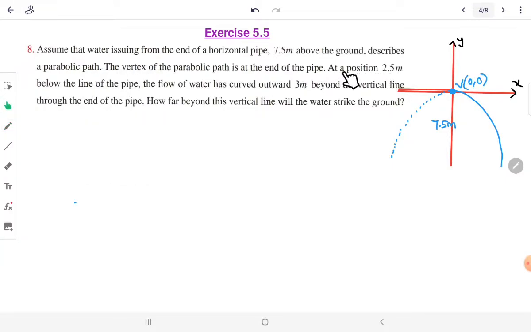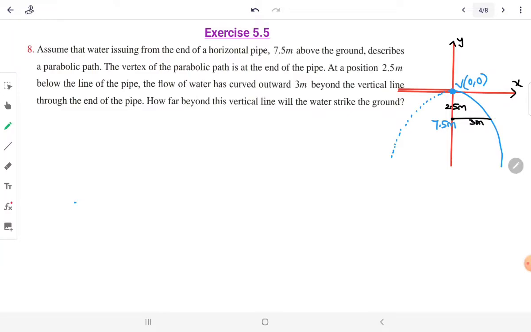Next, at a position 2.5 meters below the line of the pipe, the flow of the water has curved outward 3 meters beyond the vertical line. So this distance is 3 meters beyond the vertical line.